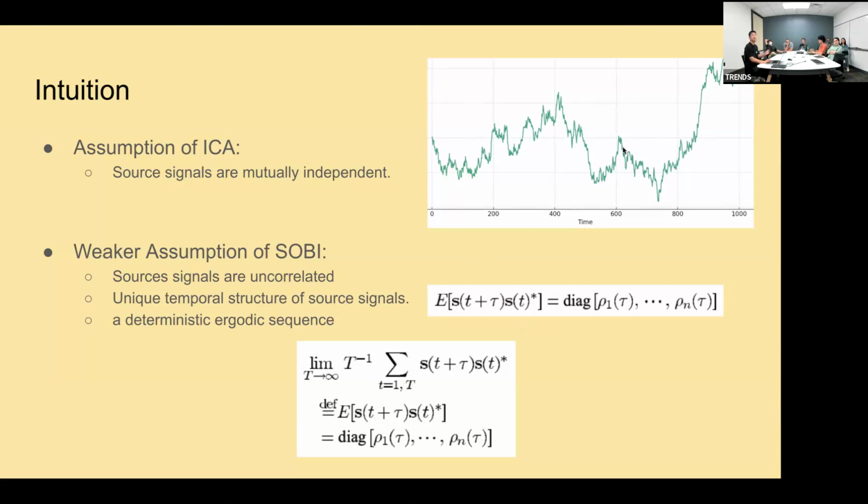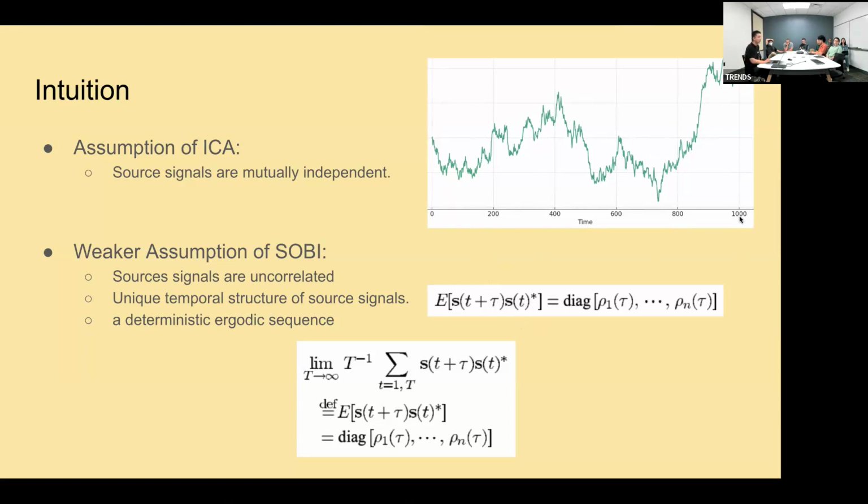Let's consider this signal here. What we call an autocovariance is like this: if we define the time lag as, let's say, 200 here, the autocovariance will use the first part of the signal from 0 to 800 and another interval from 200 to 1000, and then compute the covariance between them.